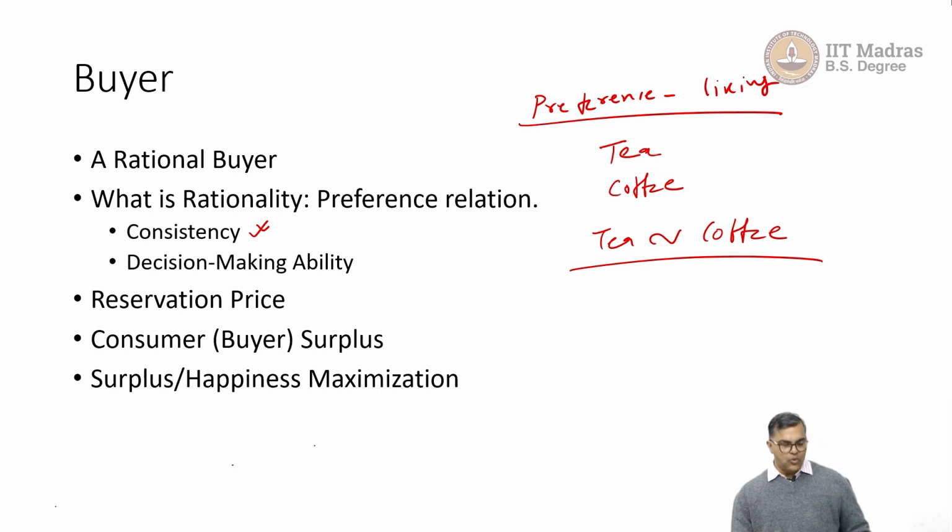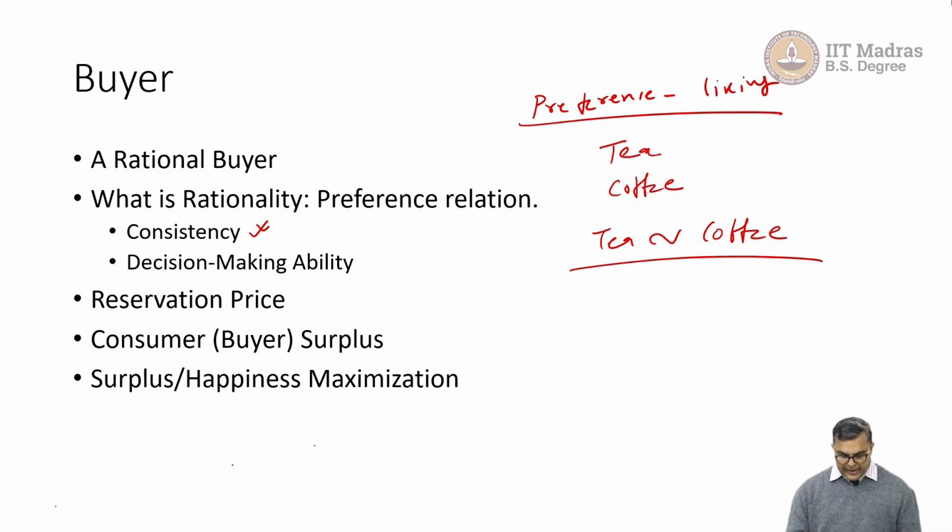Next point that I want to make is that each buyer has a reservation price. In the first example that we talked about, you saw the maximum willingness to pay. This reservation price is related to maximum willingness to pay. If person 1 is willing to pay up to 70,000 rupees rent per month, then we can say his reservation price is 70,000.